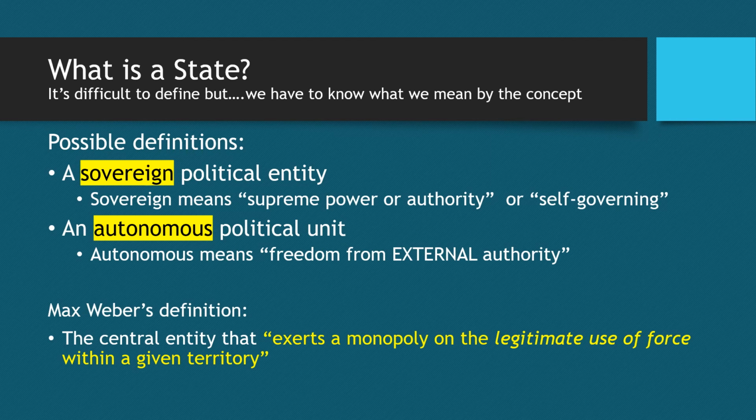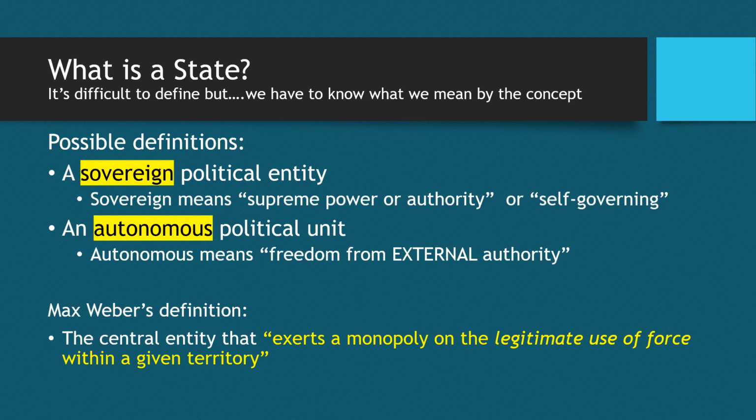Other states in the global world recognize its statehood and recognize that Mexico is sovereign and has the right to govern itself. And it's autonomous, meaning that another country cannot overrule it. There isn't any kind of world authority that can overrule that government.